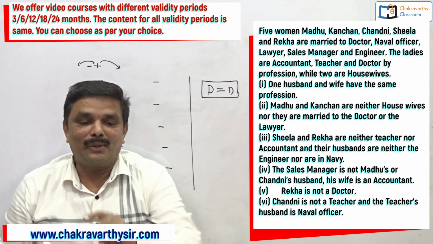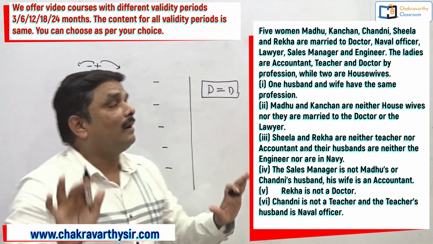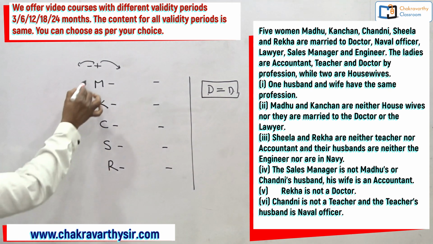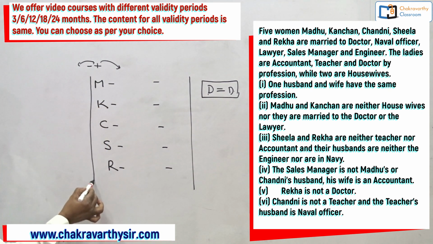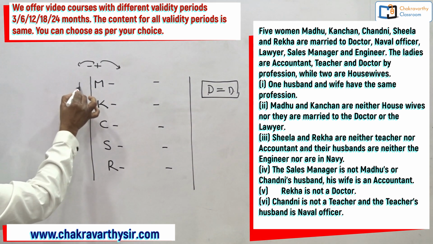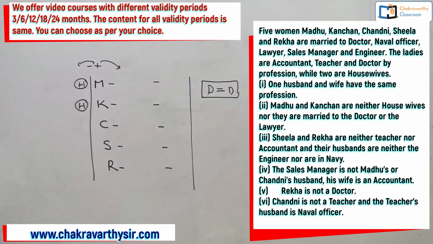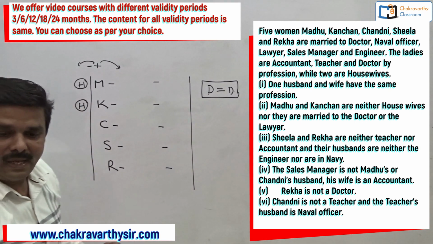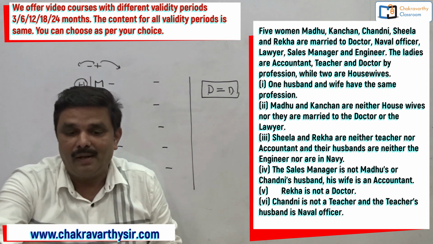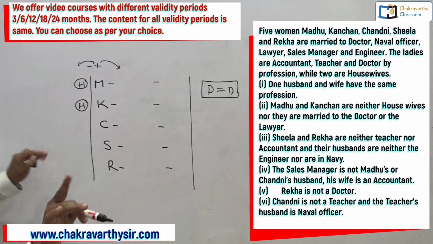Alright, so here Madhu and Kanchan are neither housewives. That means negative information I am taking on the left side. Madhu and Kanchan are not housewives. And continuously they have given, nor are they married to a doctor or lawyer.